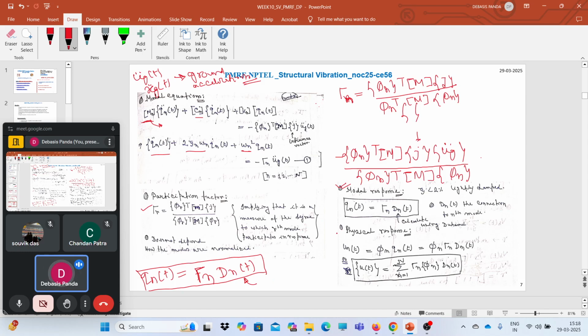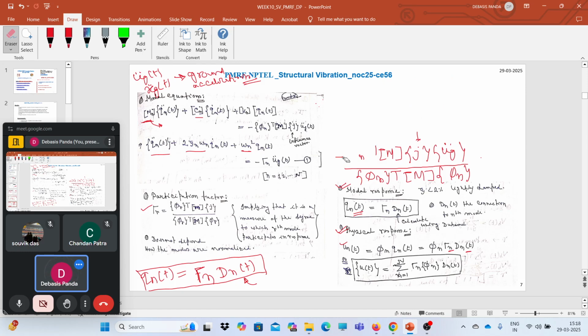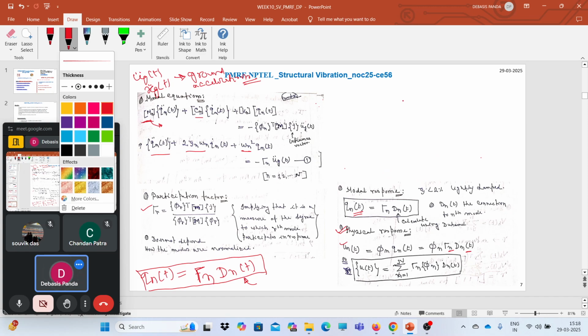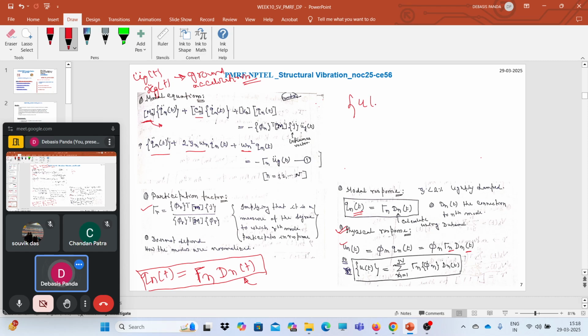Now, what will be the physical response? We know the physical response un of t is nothing but phi n into qn of t, and we have calculated qn of t equals the participation factor into dn of t for this particular mode. So ultimately, the physical response comes as phi n, the participation factor, multiplied by dn, the generalized coordinate of this particular mode.